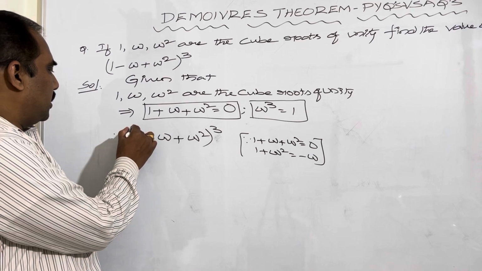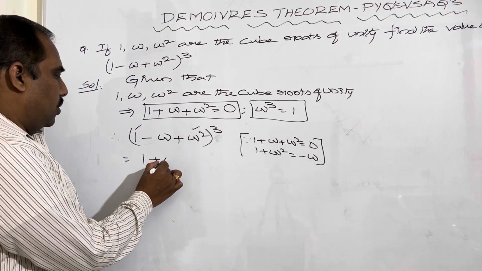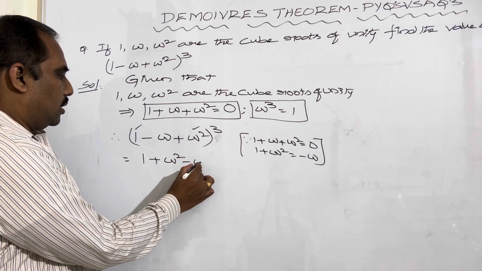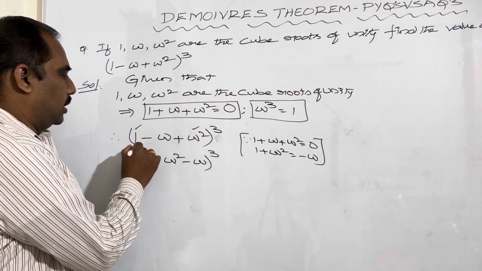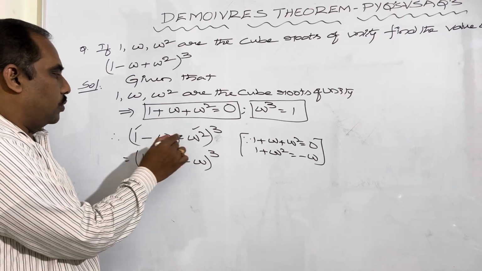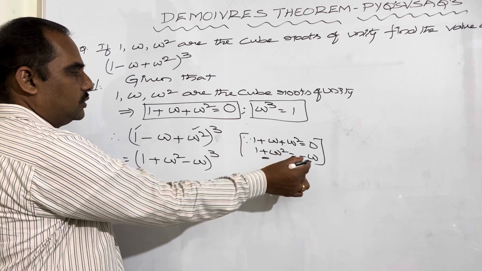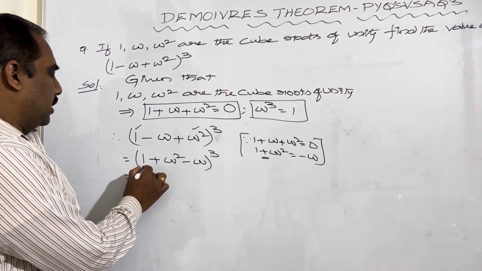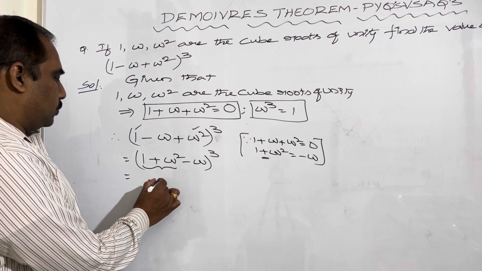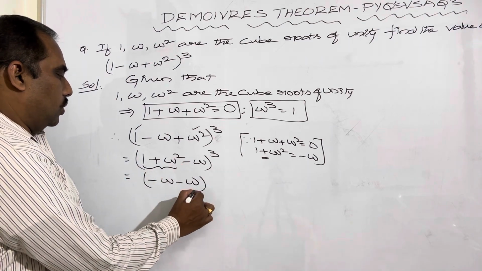So rewriting as (1 plus omega square minus omega) whole cube, we can replace 1 plus omega square by minus omega, and minus omega is already there, so (minus omega minus omega) whole cube.